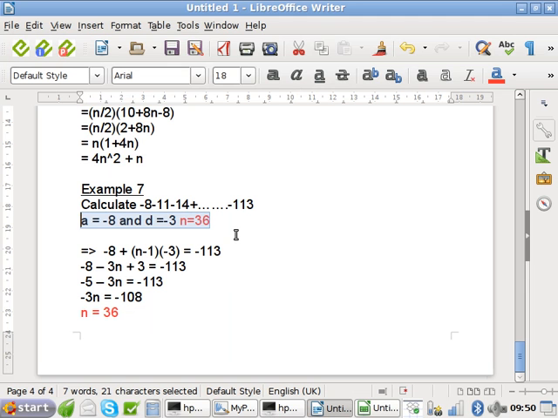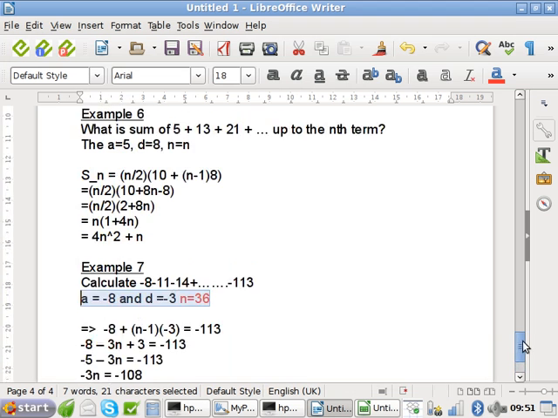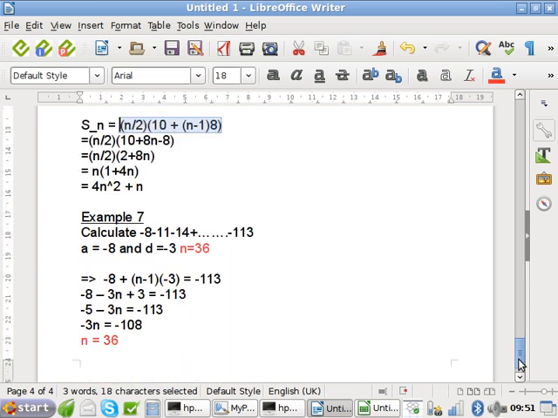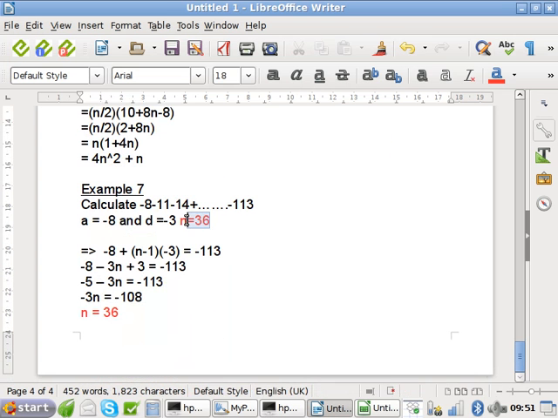I mean, it's now just like example number 6. You just put the numbers in the formula. Do you need me to do that, or will I just go to the next example? I think that's okay. This was the difficult part, trying to get this information. So I'll just write here, now we can use the Sn formula.